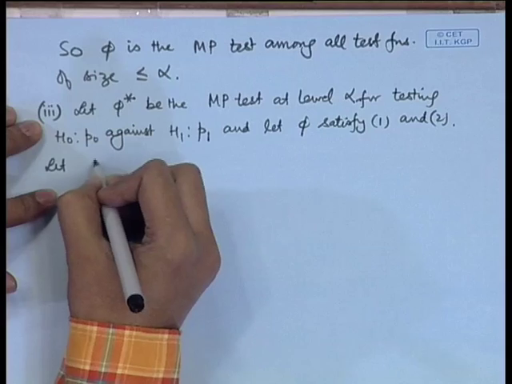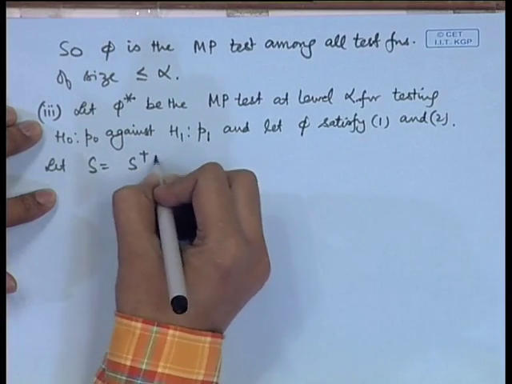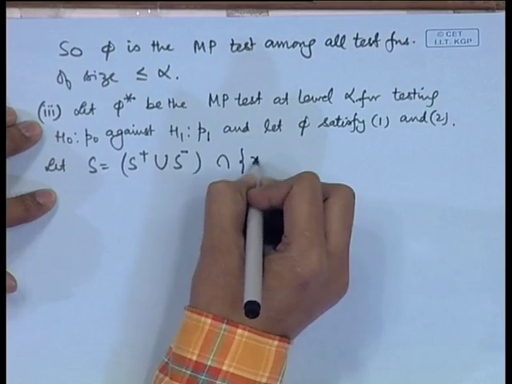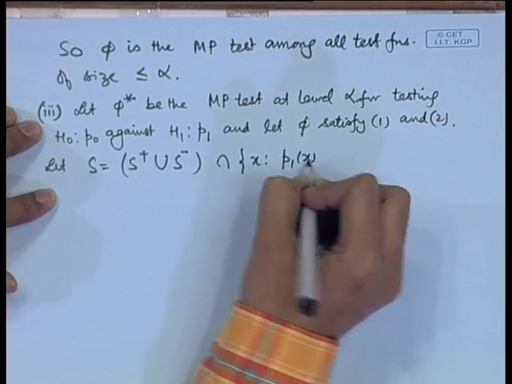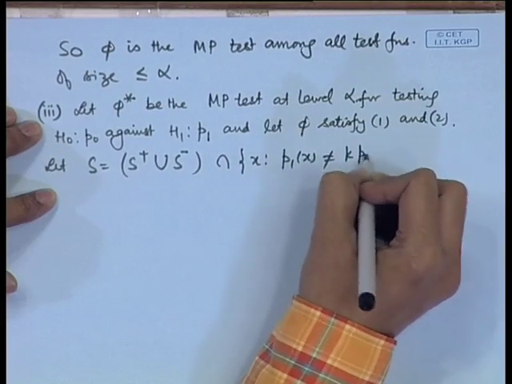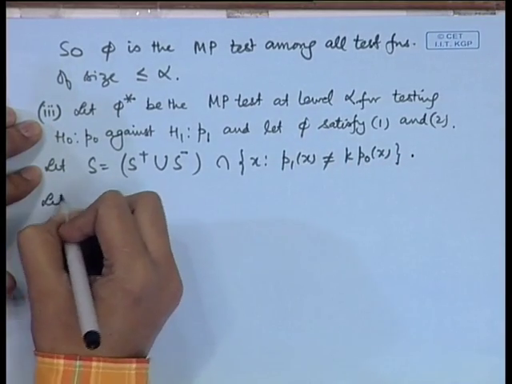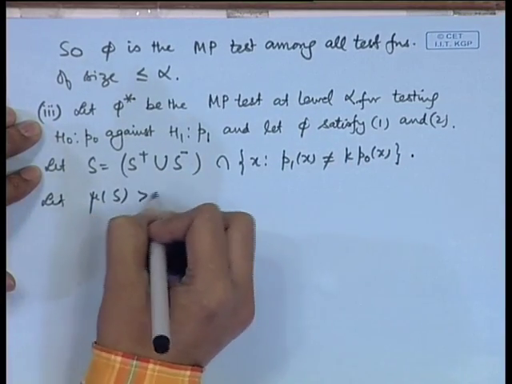Let us take, say, S is equal to S plus union S minus, intersection the set of the values for which P 1 x is not equal to k P naught x. Let mu of S be positive.